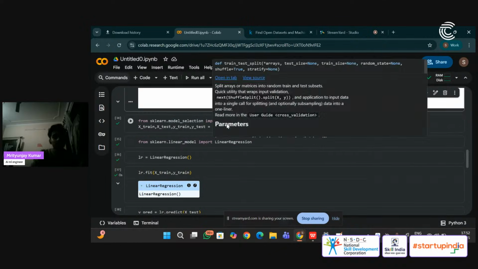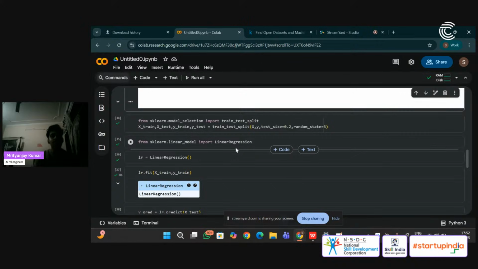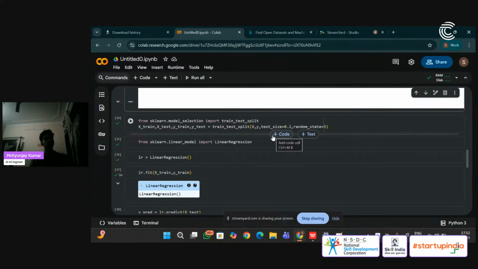Train is used for training the model, and test is used for testing the model. Split means we are dividing the data points into two sets. Here you can see we have taken 0.2, which means 20% of the data is going to be used for testing.